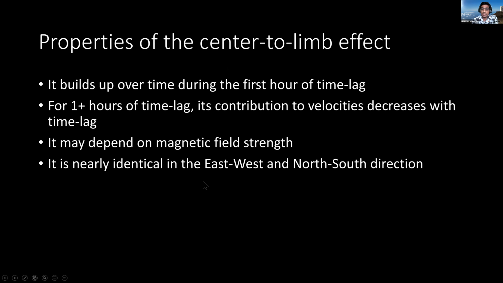It is nearly identical in the east-west and north-south direction. This has been assumed in previous studies, where people measure the asymmetry in rotation rate across the central meridian at the equator and use that to correct for the center-to-limb effect in the north-south direction by just assuming that it's identical in both directions.